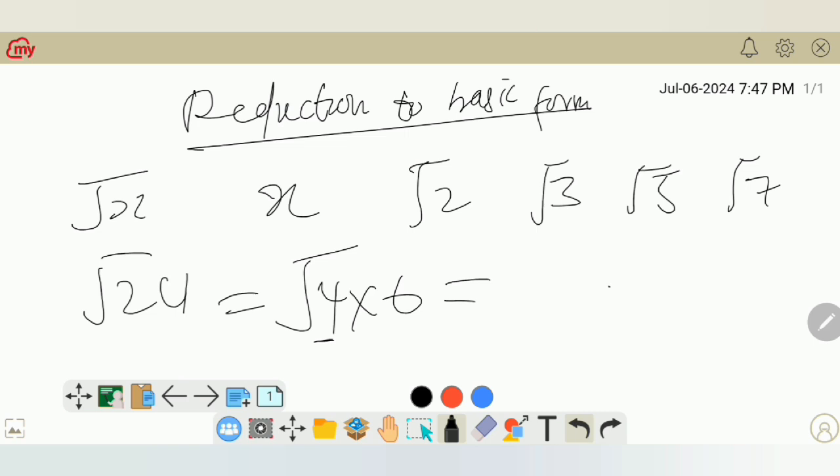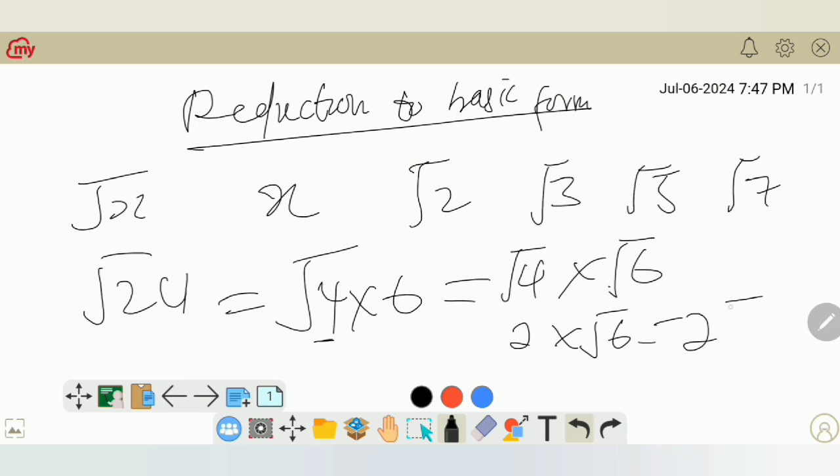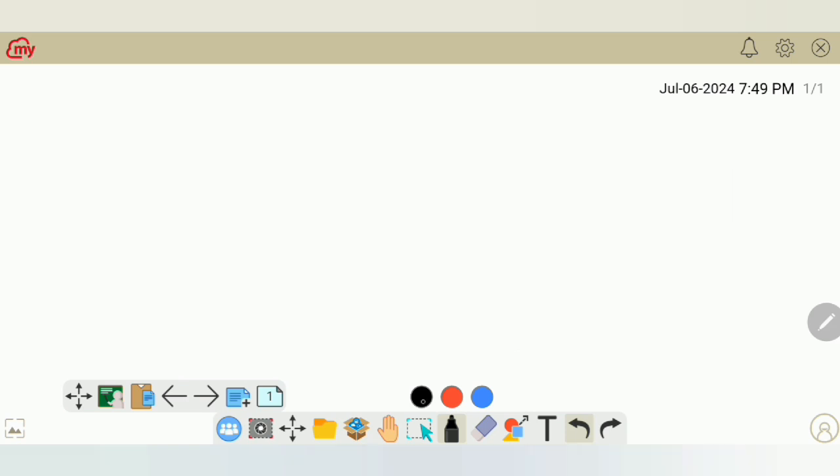It can also be expressed as root 4 times root 6. Root 4 is 2, times root 6, and this is equal to 2 root 6. Then we can say the surd is now in its simplest form.